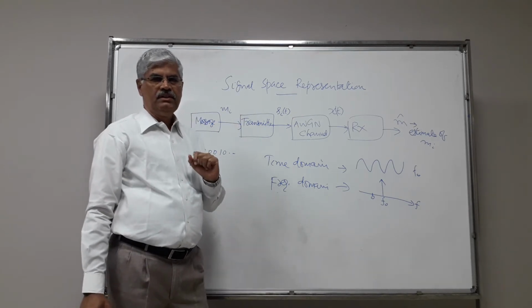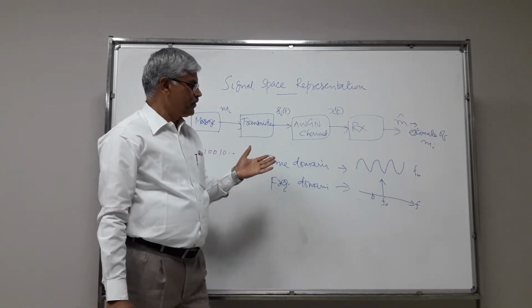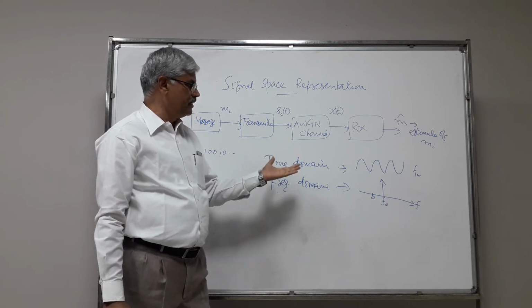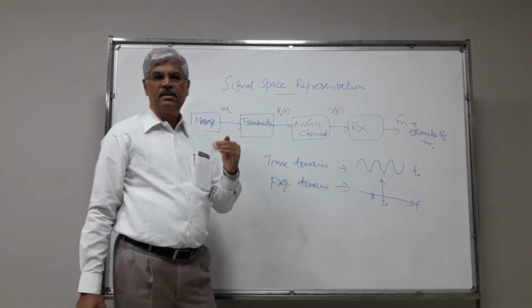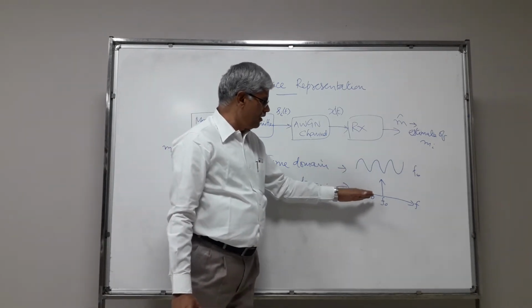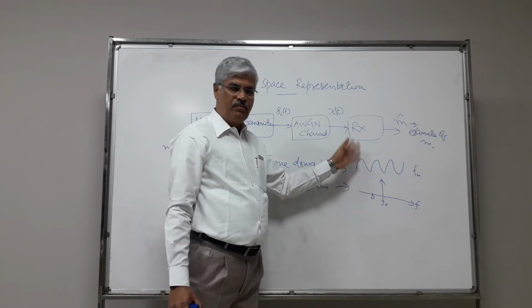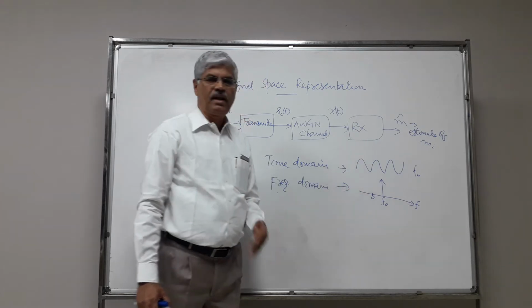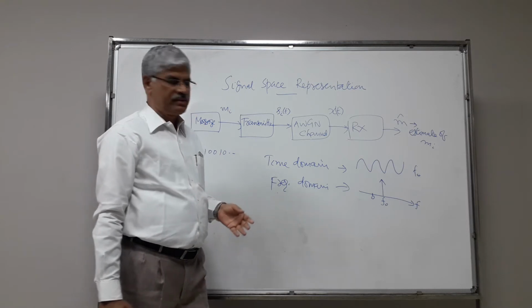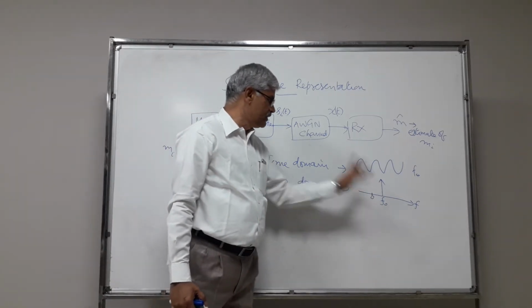That's all. By representing like this, we get certain new revelations. Easy understanding of the waveform. We will come to that later. The Fourier series and Fourier transform are such examples. Okay? So this is like this.